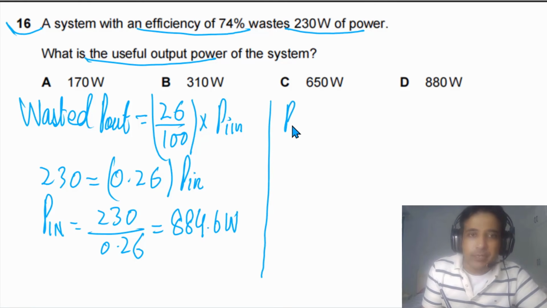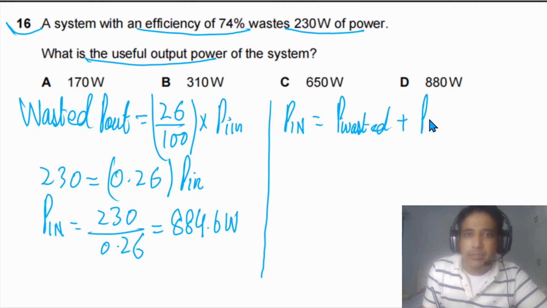Now we need to calculate useful P out. P in has to be equal to P wasted plus P output, that is P useful. So this is the output, this is the input.